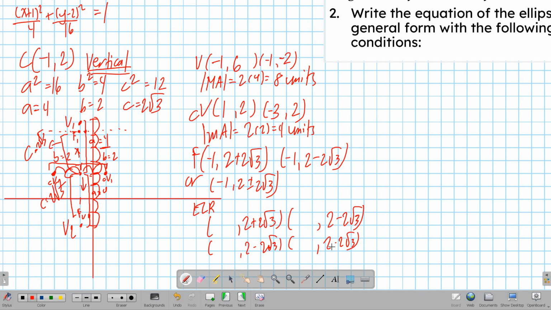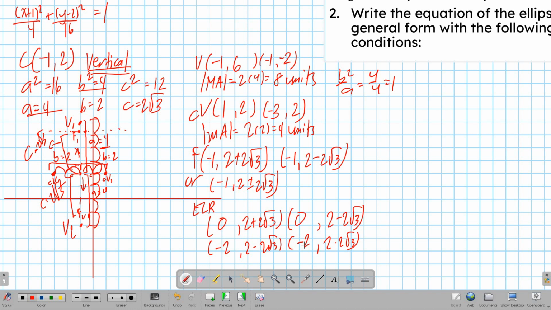So now we need to find our b squared over a, which is this and this. So b squared over a would be equal to 4 over 4, which is equal to 1. So that means from -1, we need to add or subtract. So if we add 1 to -1, that becomes 0. If we subtract 1 from -1, that becomes -2.